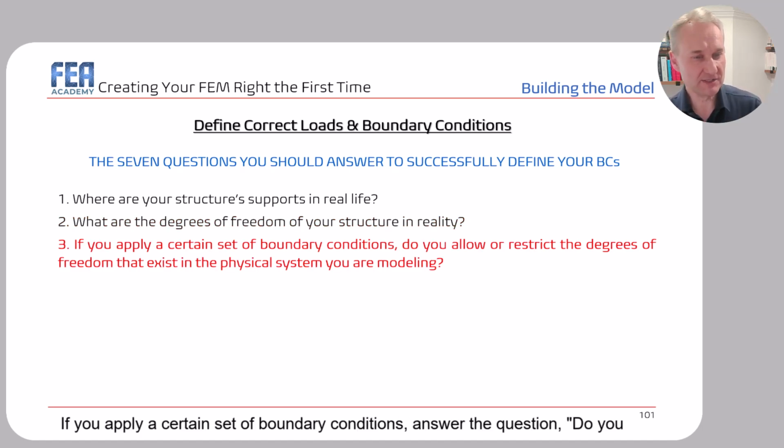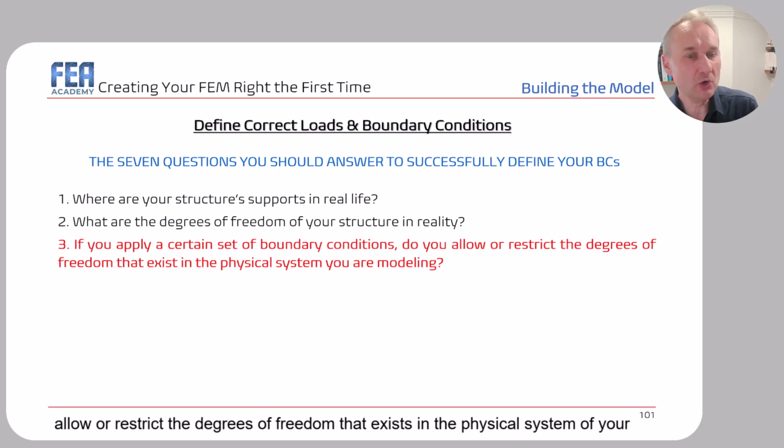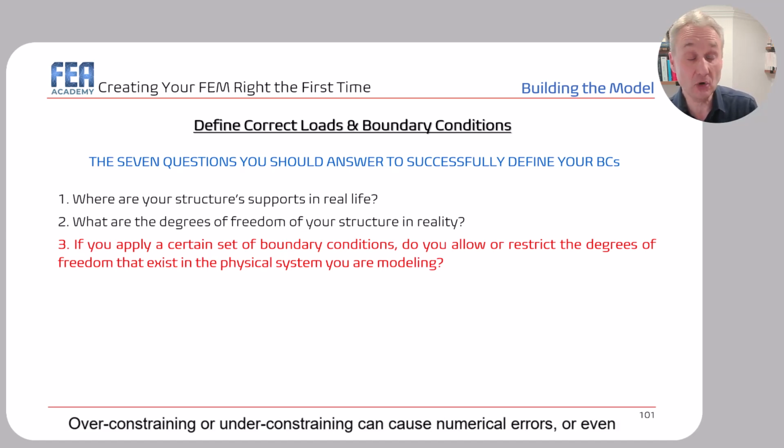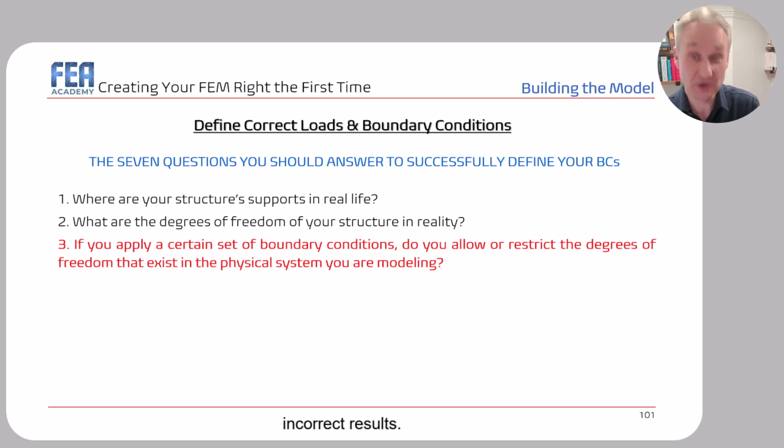If you apply a certain set of boundary conditions, answer the question: do you allow or restrict the degrees of freedom that exist in the physical system you are modeling? This is a critical validation step after defining boundary conditions. Over-constraining or under-constraining can cause numerical errors or even incorrect results.